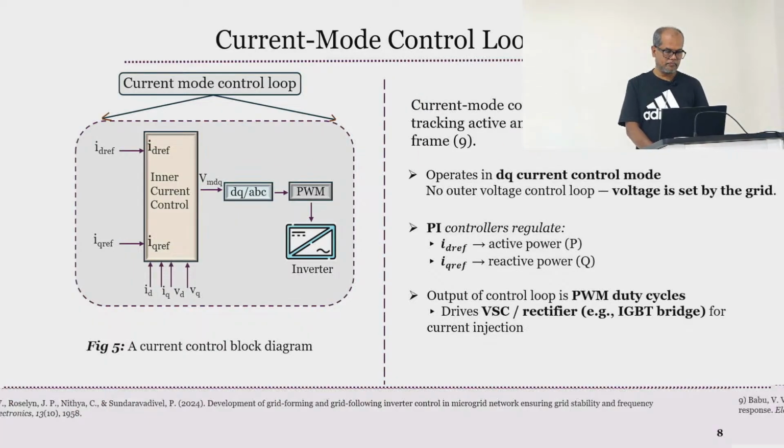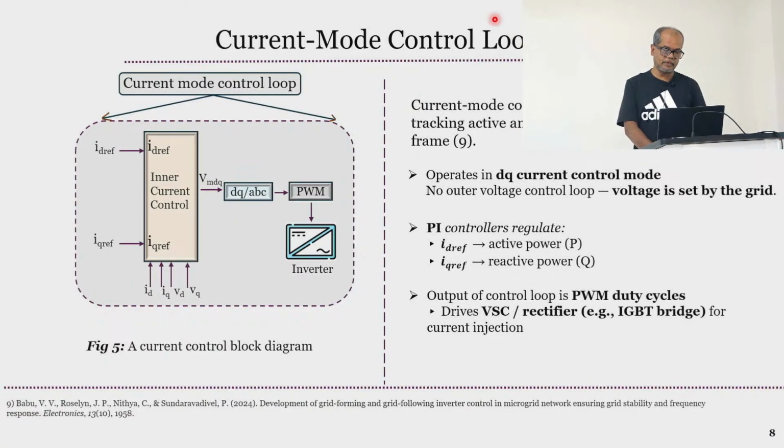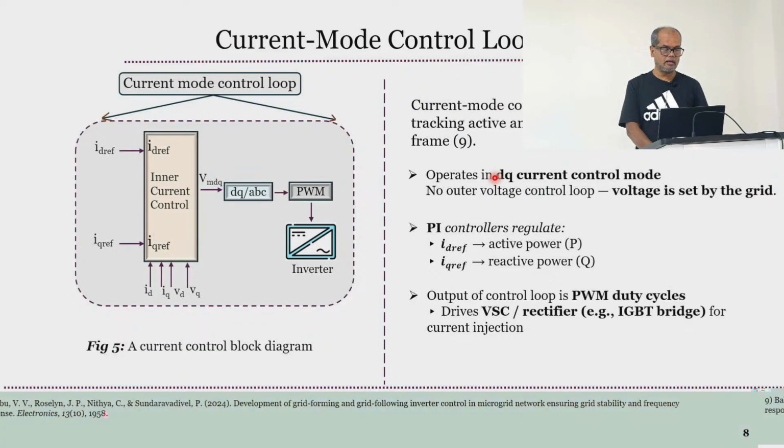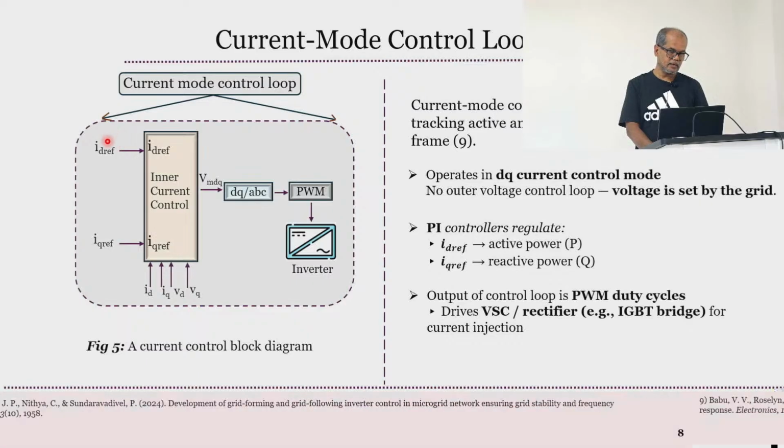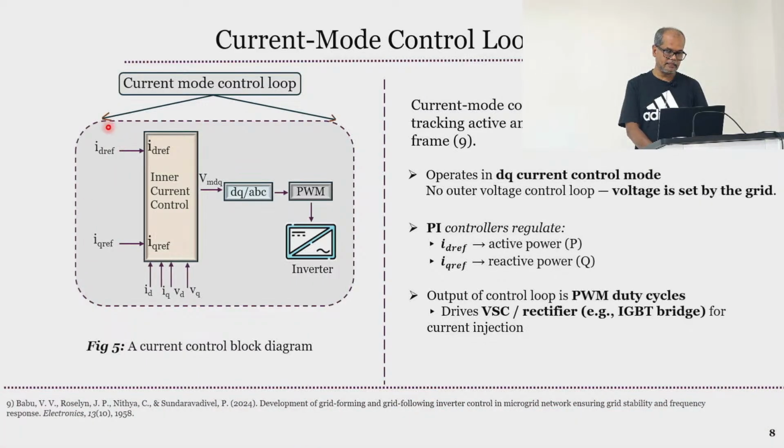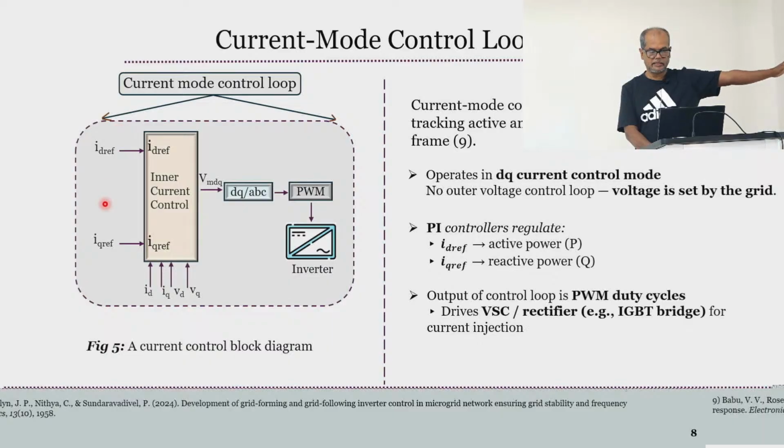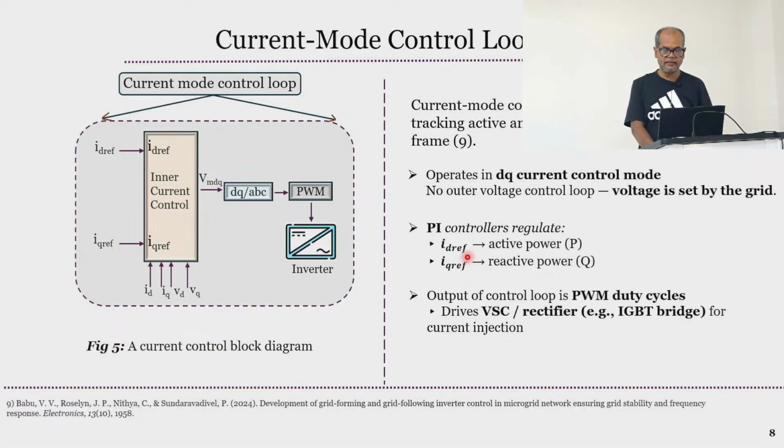In the grid following inverter, the current control mode regulates the inverter output by tracking a reference current, and this reference current comes from the reference active and reactive power. One is related to active power, the other to reactive power. The D axis is mostly active power, and the other is reactive power.